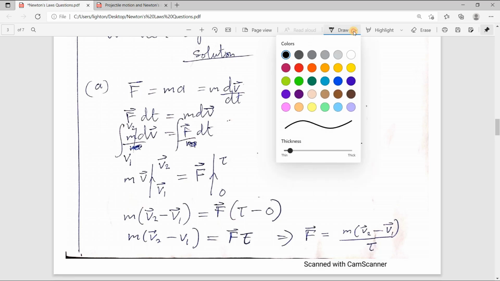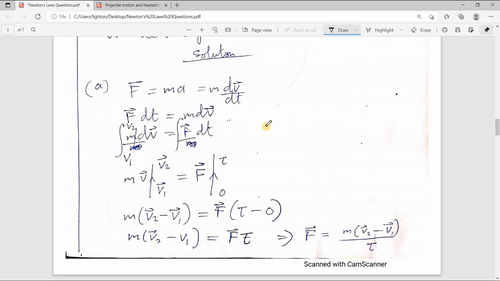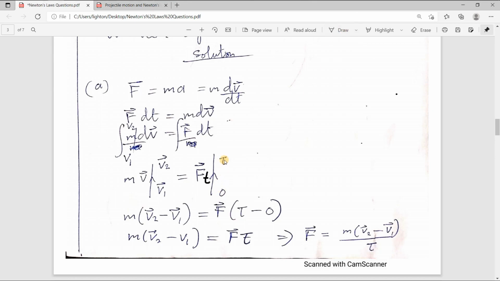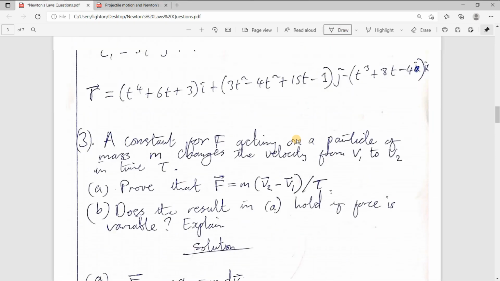There should be a t here because I factored out F and integrated dt. This t is multiplying with F, with our limits running from 0 to tau. Our time is tau here in the question.